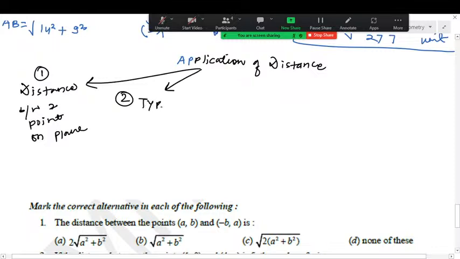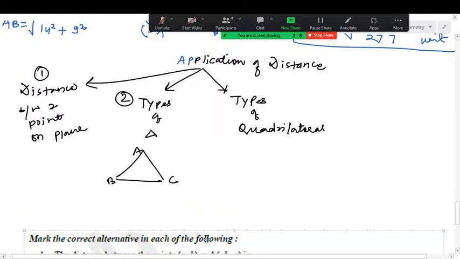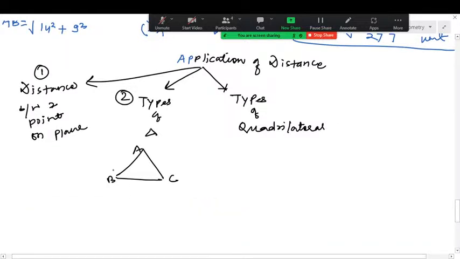This is the first application that we have just figured out. Then we can categorize types of triangle that I have just explained. Then we can also figure out types of quadrilateral. How can we categorize types of triangle? If you are given a triangle, what are the different varieties it may have? It can have all sides equal, which is known as equilateral. It may have two sides equal, then we call it isosceles.